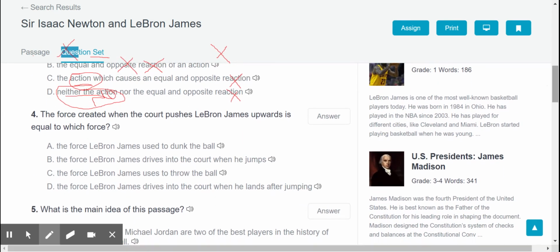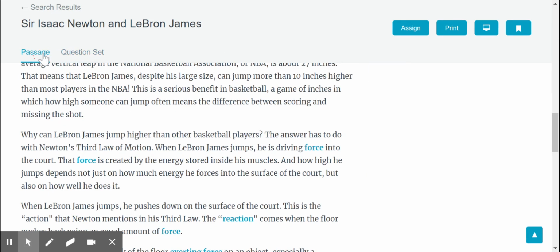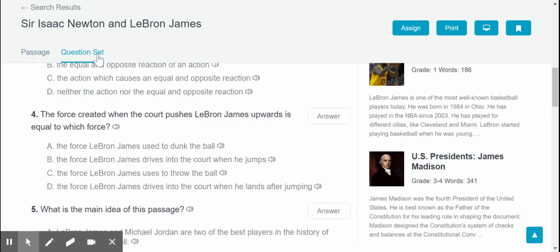Number 4, the force created when the court pushes LeBron James upward is equal to which force? The court pushes. I'm going to go to the passage and look for the court pushes. No, that didn't work. Let's go back and look at it again. The force created when the court pushes LeBron James upward is equal to which force?